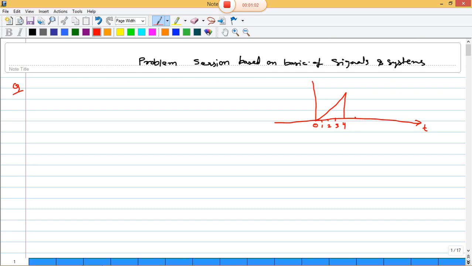Okay, 5 is here, 6 is here, and on the left side of this axis is -1, -2 and so on. Okay, now this x(t) is nothing but, at t = 3 here, in between 1, 2 there. Now this is the signal.